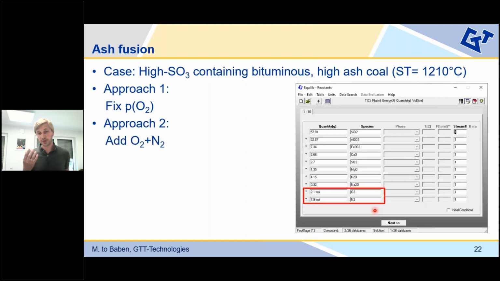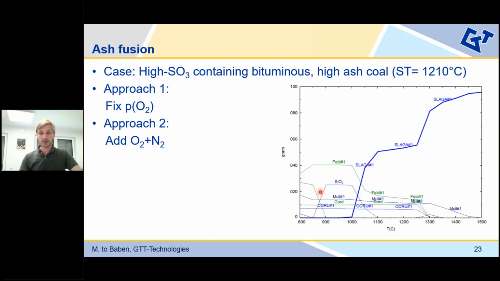So the approach I prefer and suggest is to add oxygen and nitrogen, actually a rather significant amount of oxygen and nitrogen. Here I have inserted 2.1 mole of oxygen and 7.9 mole of nitrogen. The amount of oxygen and nitrogen that I used was set in such a way that the sulfur content is much smaller than the oxygen content we have in the gas phase here.